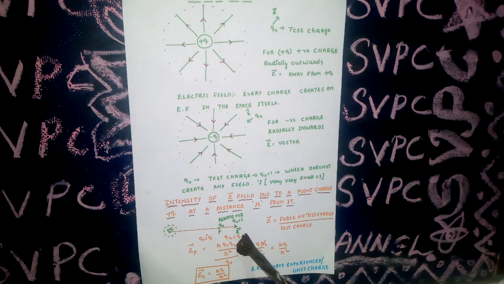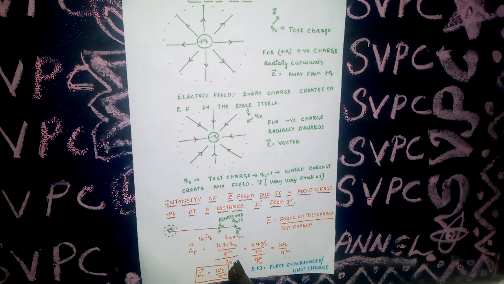So now we know the formula for electric field. Electric field is equal to the force on the test charge divided by the test charge. Force on the test charge is 1 by 4 pi epsilon naught, q1 q2 by r square, where 1 by 4 pi epsilon naught is equal to k. So the electric field at point P is equal to k into Q1 into Q2 by r square, divided by the test charge Q naught.